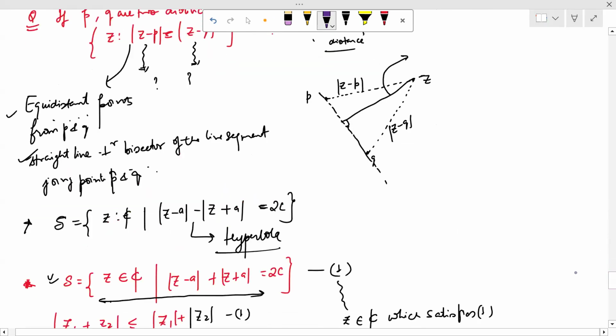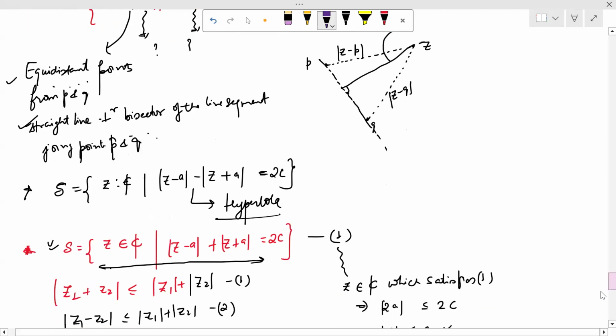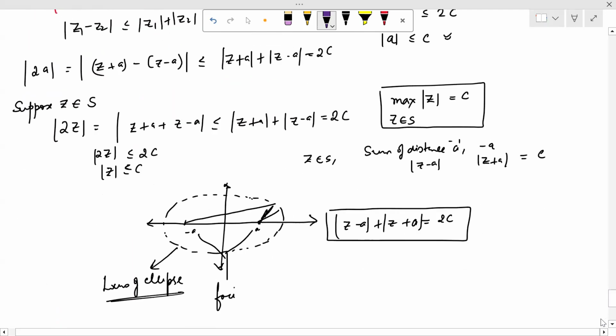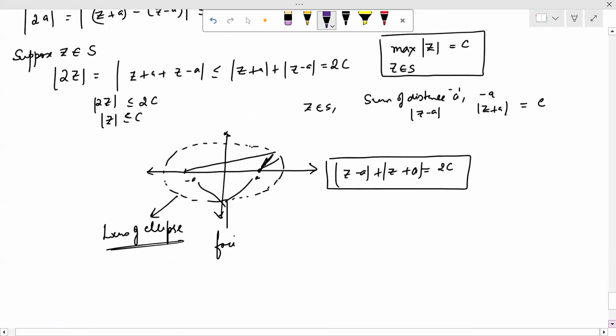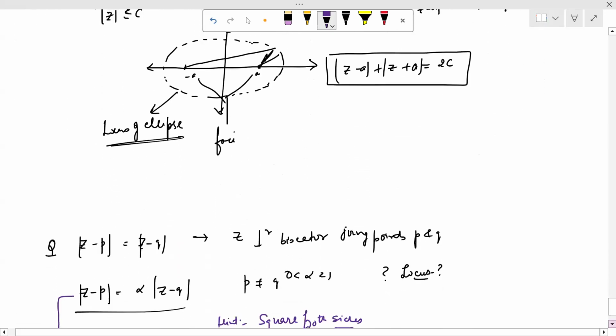At least you should know how to express the locus hidden in a particular set. Let's say here it is a hyperbola or some ellipse and all these things. At least you should have a little bit of idea. Otherwise it's fine. You have to pay a lot of attention to the topology of the complex plane.